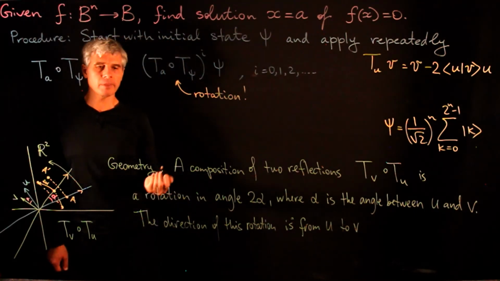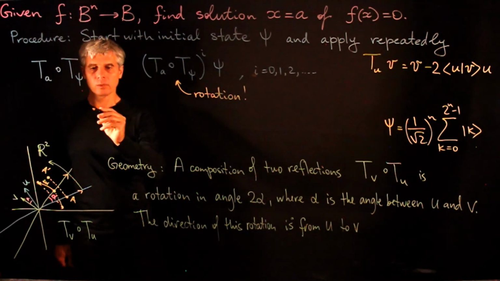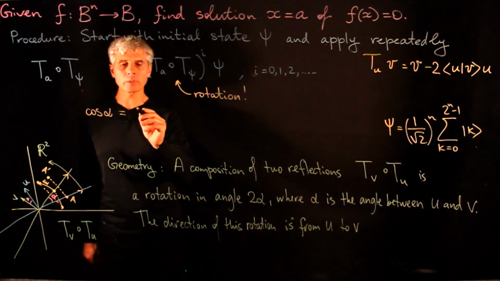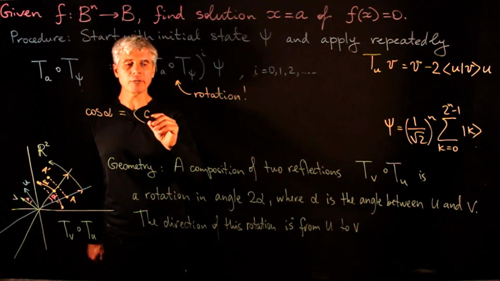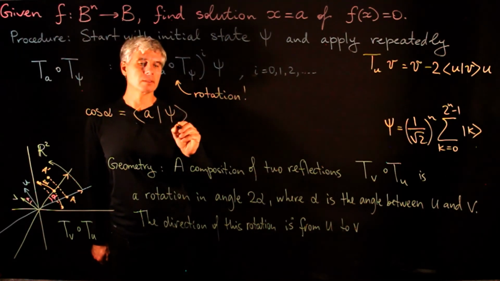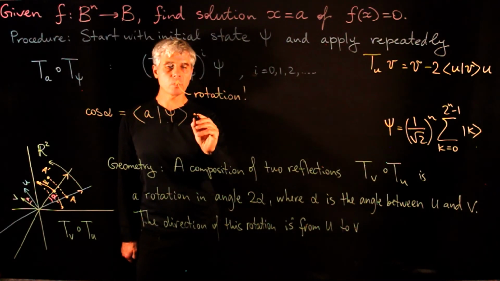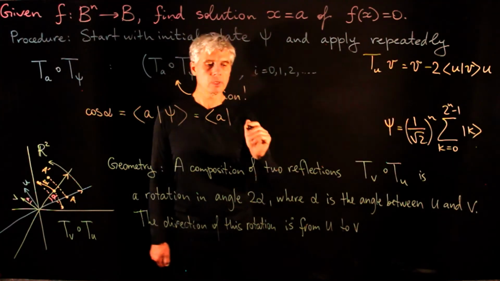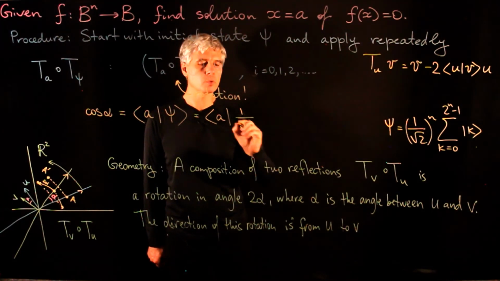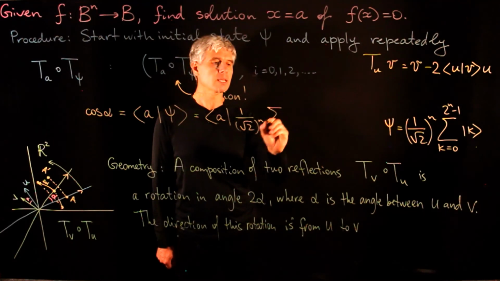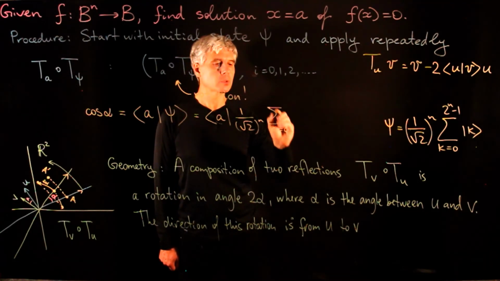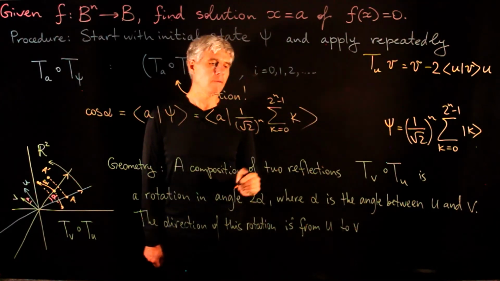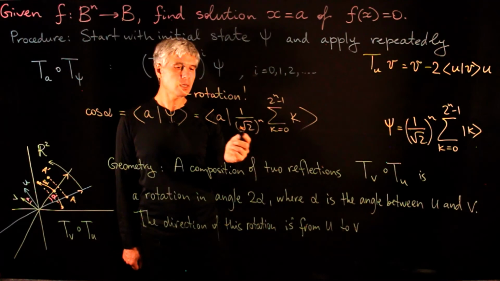To find the angle between these two vectors, we know that cosine of the angle alpha is equal to the scalar product of a with psi. So what do we have? Here we have the state a, and psi is 1 over the square root of 2 to the power n times the sum over k from 0 to 2 to the n minus 1 of the state k.